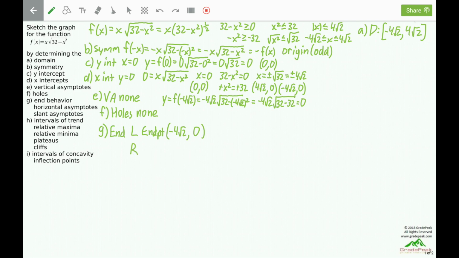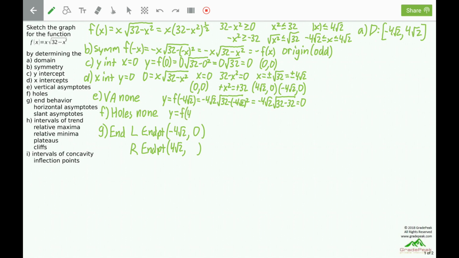For the right end, from the domain, it's also included, it will be an endpoint. It has an x value of positive 4 square roots of 2. That'll be the x-coordinate. We can find the corresponding y-coordinate by plugging the x-coordinate back into the original function.